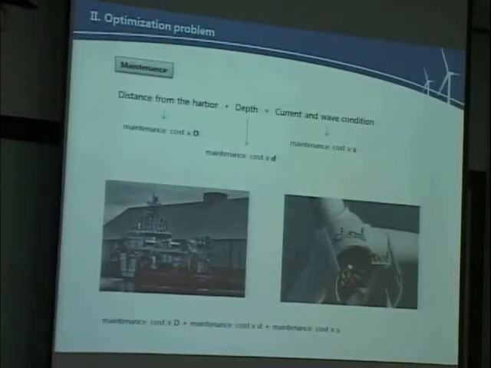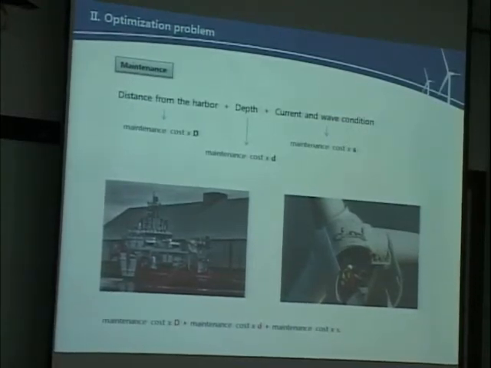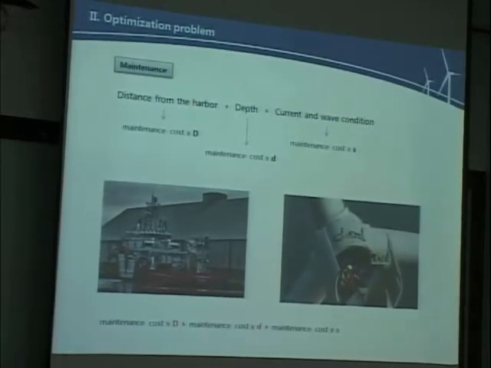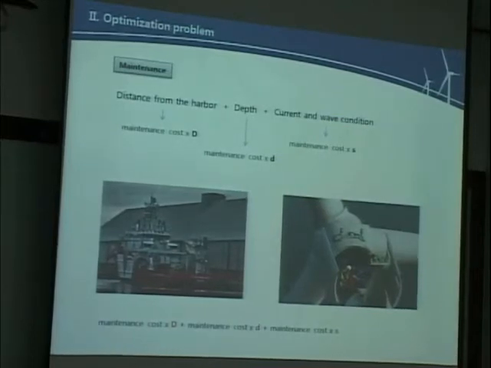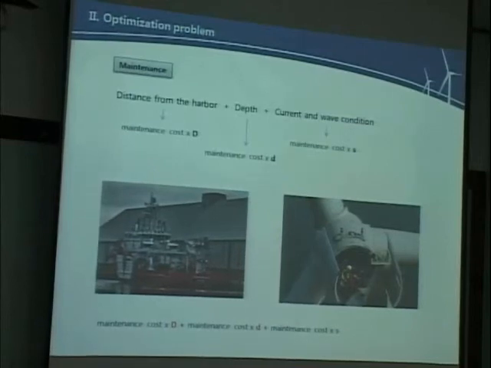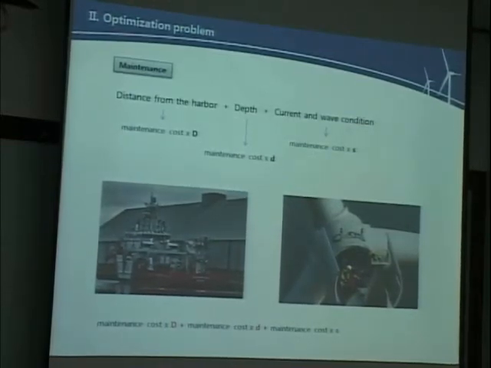And then the third thing is the maintenance. Maintenance is also related to several things. The first is the distance from the harbor. If it is very far from the land, it is hard to get there, so its cost will increase because the operator's trip is really long.